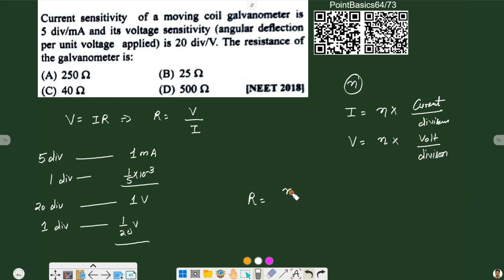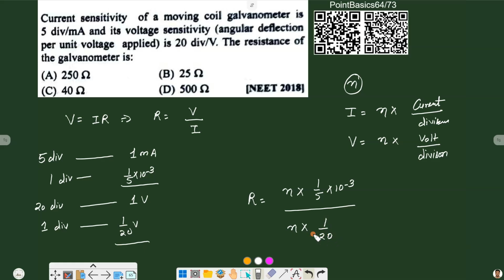Resistance will be N times the current measured per unit division. So the current measured per unit division is 1 by 5 into 10 raised to power minus 3. Similarly, multiply N by the volt measured per division, which is 1 by 20.